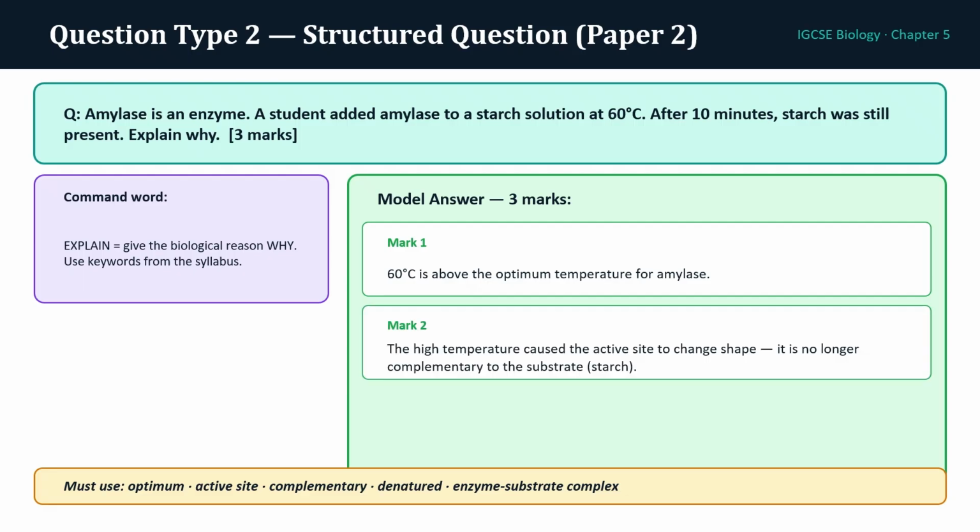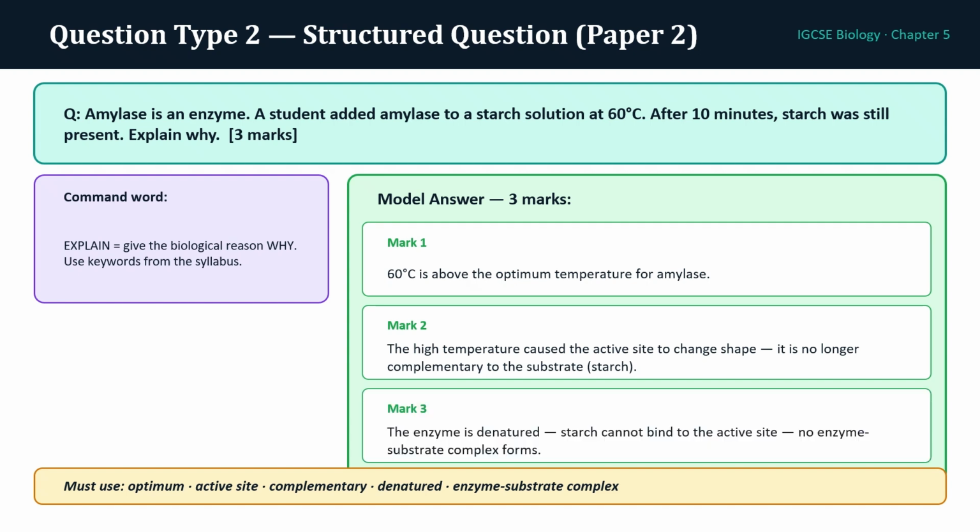Now mark 2. The high temperature caused the active site to change shape. It is no longer complementary to the substrate starch. Two keywords here are active site and complementary, both worth marks. Mark 3. The enzyme is denatured. Starch cannot bind to the active site. No enzyme substrate complex forms.